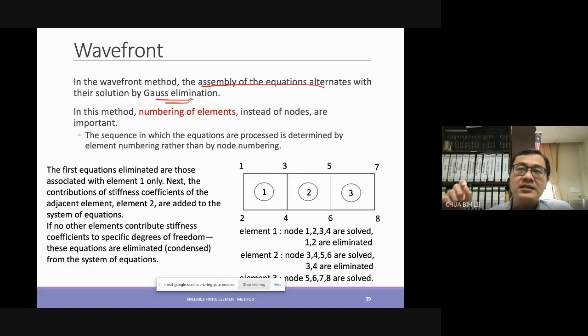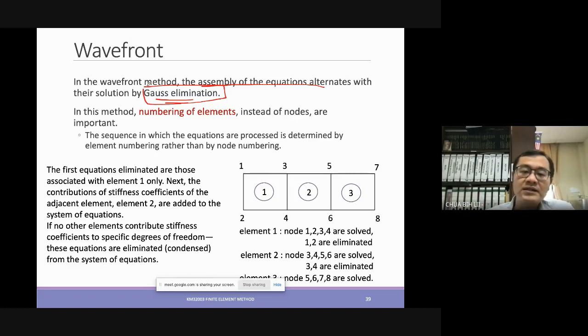Remember, the Gauss elimination method is mainly to solve simultaneous equations. In the computer system, or in the finite element software program itself, the program actually employs this Gauss elimination method, which is a numerical method, to solve all these simultaneous equations.